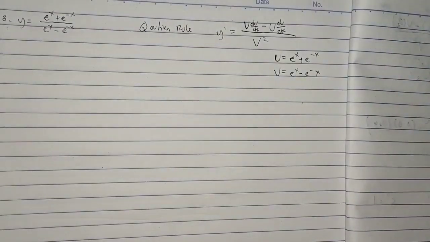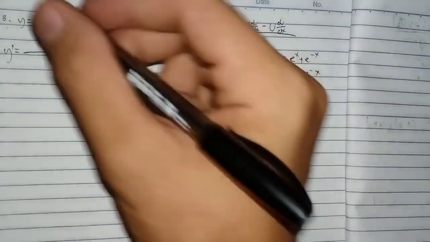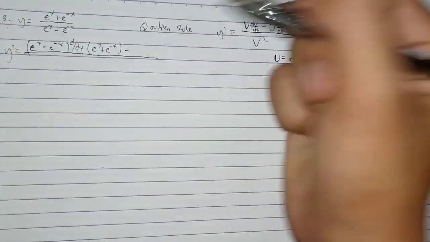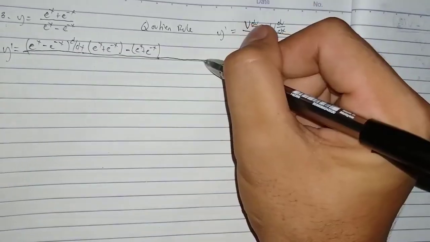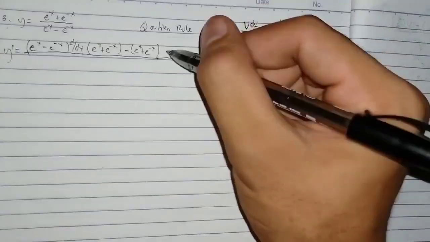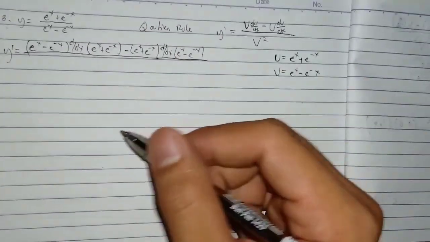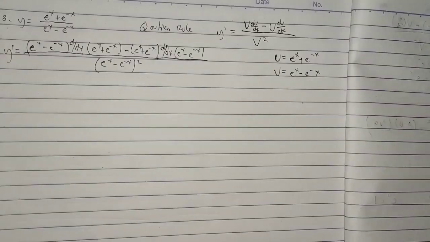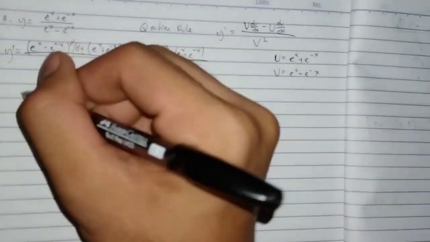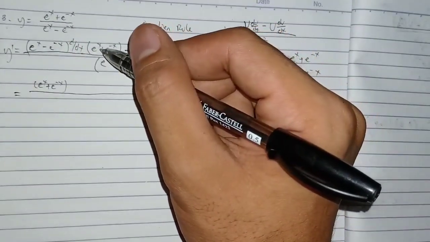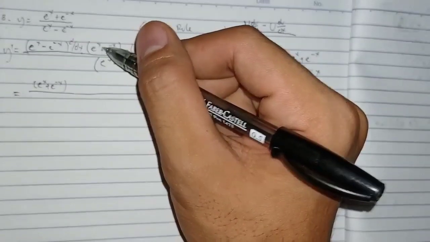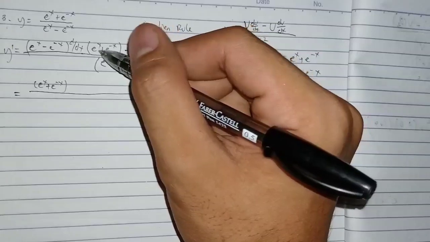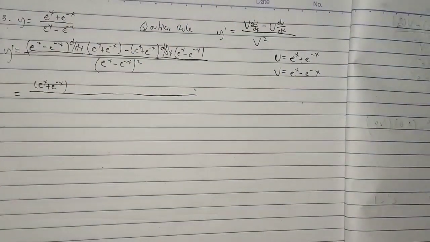So let's take the derivative of our function: our v, times the derivative of our numerator, minus our u times the derivative of our denominator, over our denominator squared. Okay, so let's take the derivative of the two functions. Taking the derivative of the exponential function, we just take the derivative of the exponent and multiply it by our base.